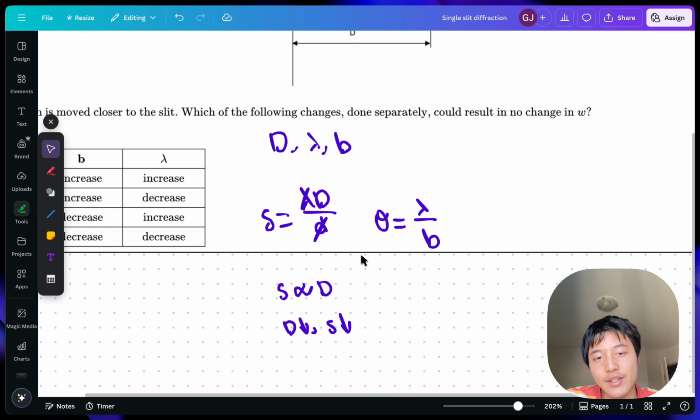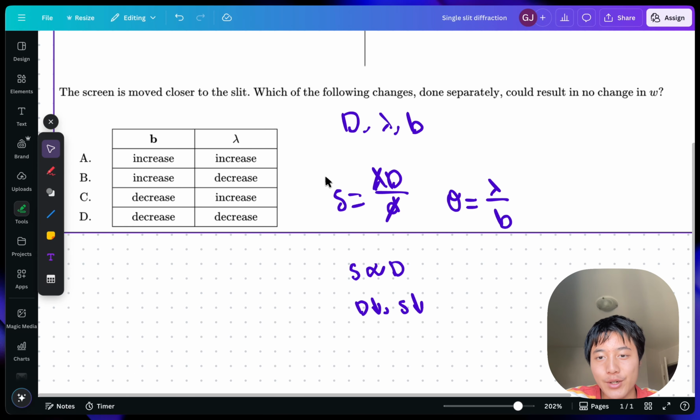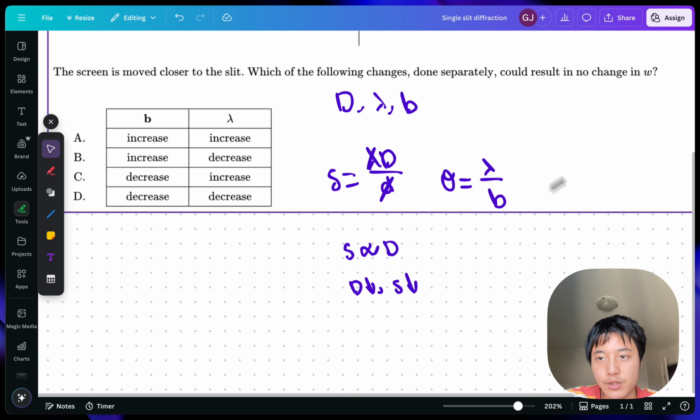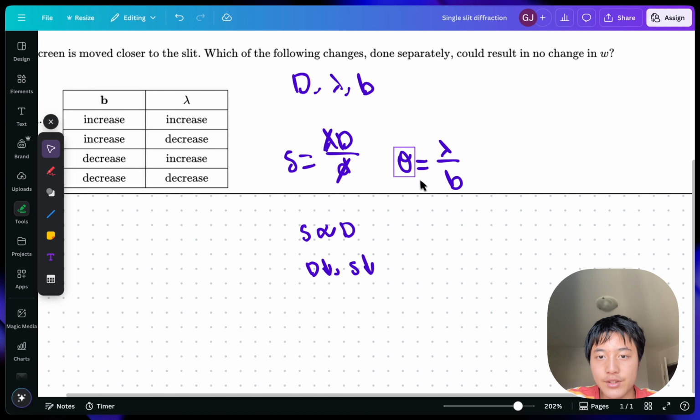Actually, we want to know what could change so that w could not change. If we don't change anything right now, w would decrease as a result of capital D decreasing, and we want S or w to increase again. This means that we want the angle to increase.